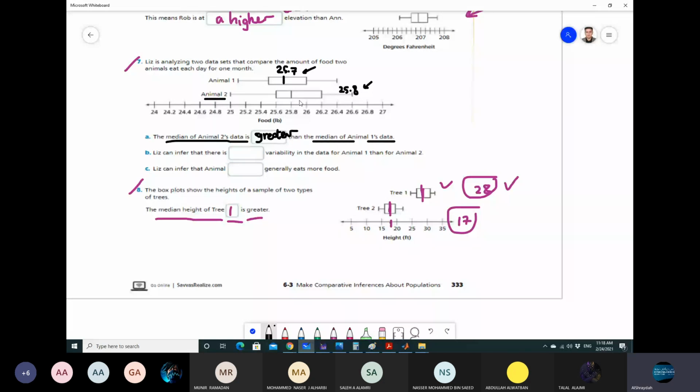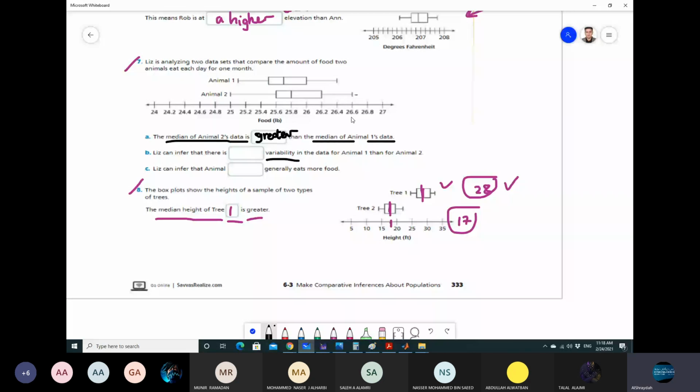Now here, this can infer the variability, as I told you, it depends on the width of the box. Look here, the width here is greater than the width here. Can you see the width of the box?